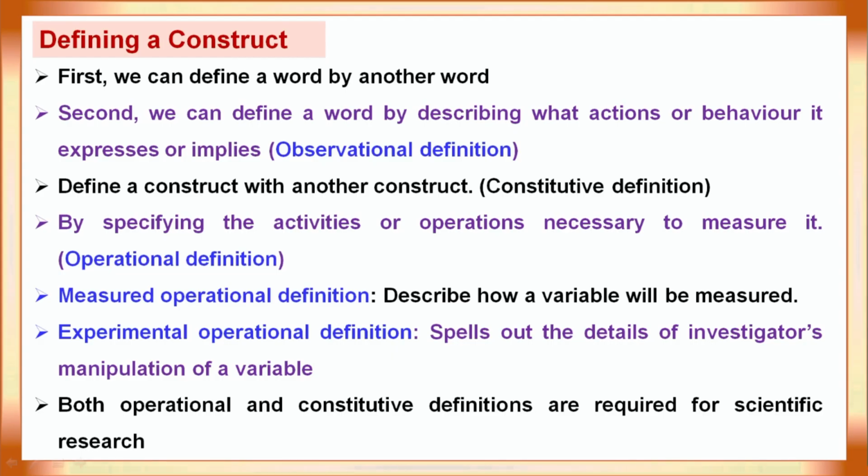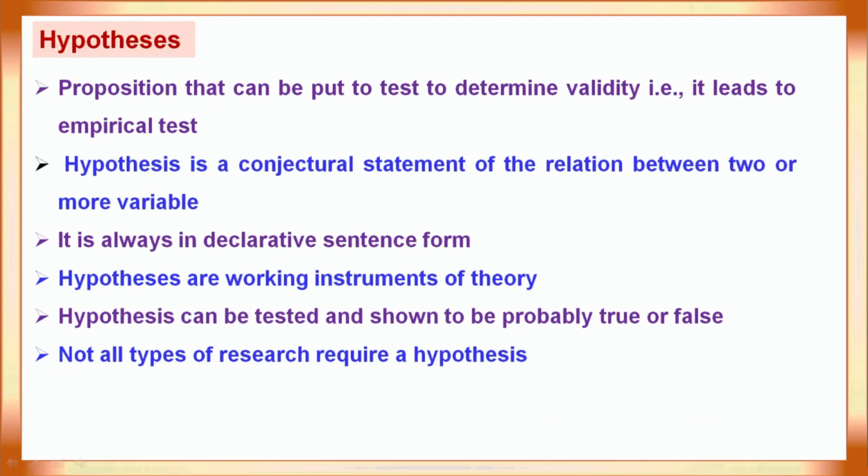Both of these definitions are very important from the point of view of concept and construct, because without the constitutive definition you cannot integrate particular findings into a theory, and without the operational definition you cannot measure the relation among phenomena or measure that particular concept. So, both of them are very important in scientific research.